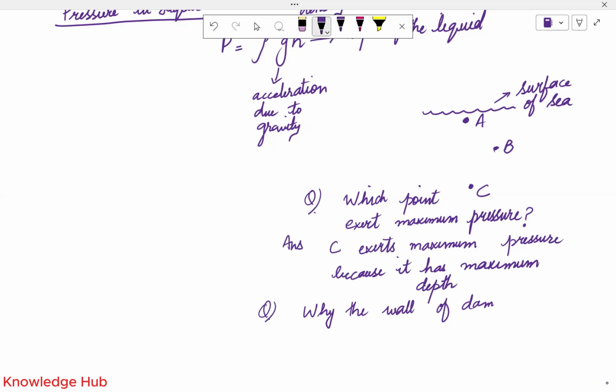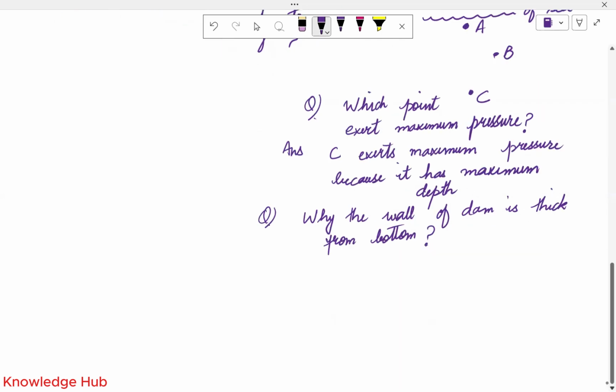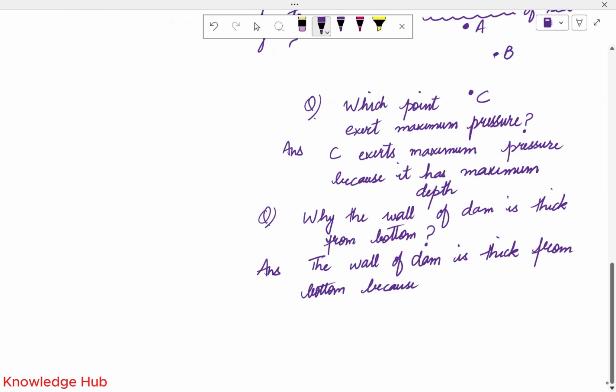So the wall of the dam is thick from the bottom, and the reason is greater pressure because of greater depth.